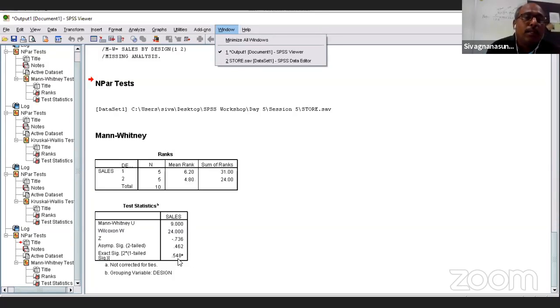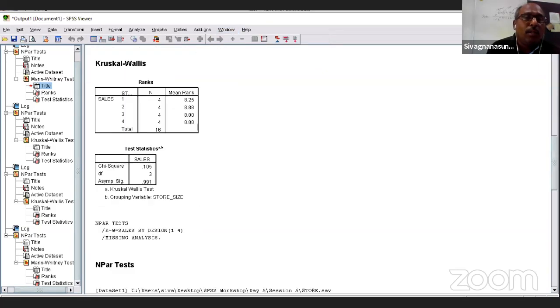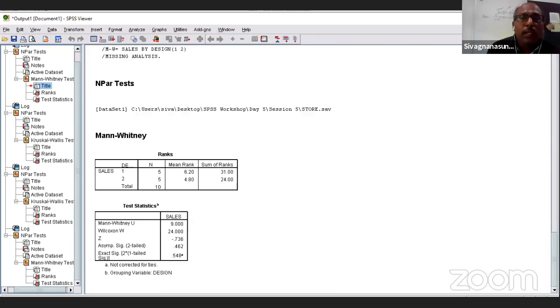You have to look at exact significance test. Asymptotic significance is useful for large sample size. Here our sample size is very, very small. So I have to use only exact significance, which is 0.548. So is there a difference in the ranks? What is the null hypothesis? There is no significant difference in the ranks due to the store design.